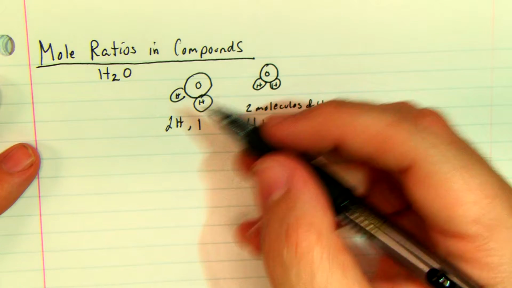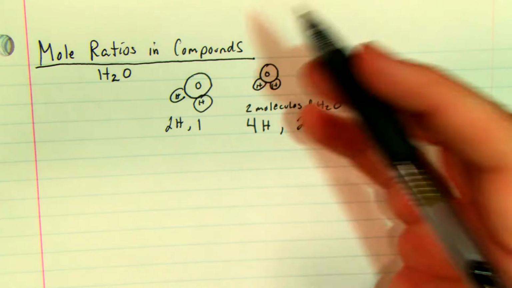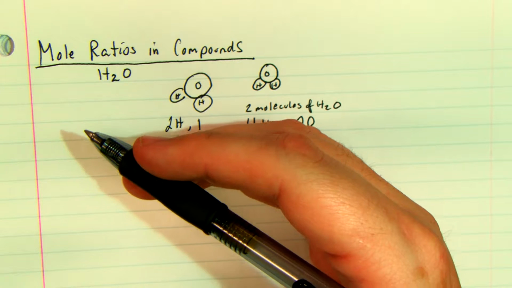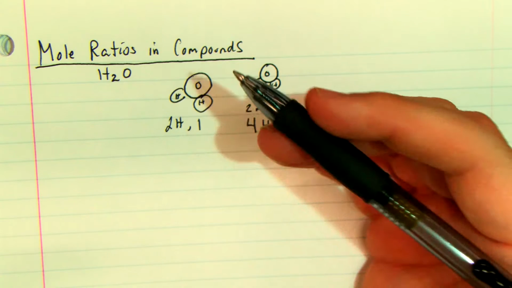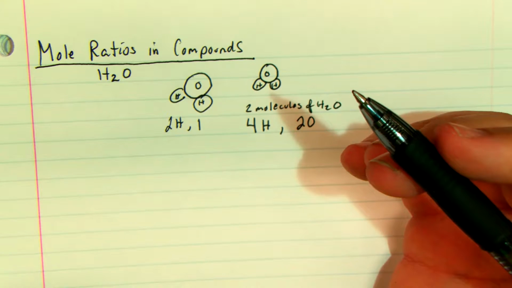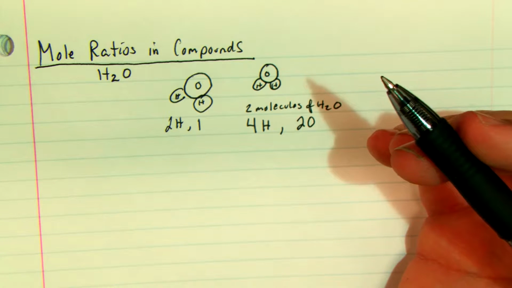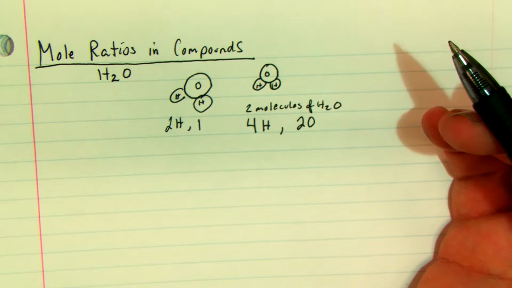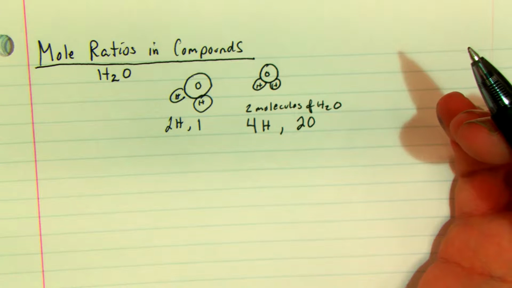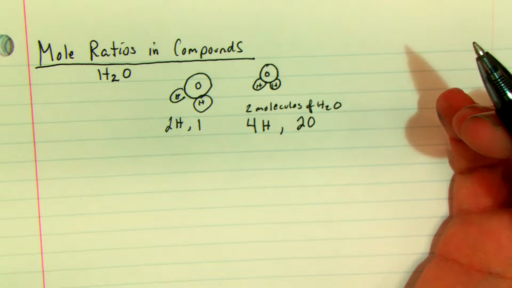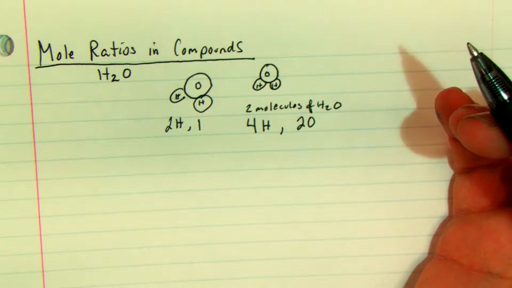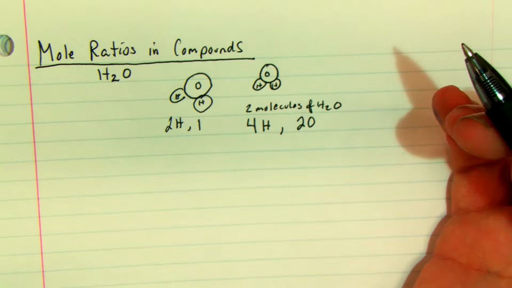Now, we can go on and on and on and put more and more molecules together until we have, let's say, 6.02 times 10 to the 23rd molecules of water, which is what do we call 6.022 times 10 to the 23rd molecules?